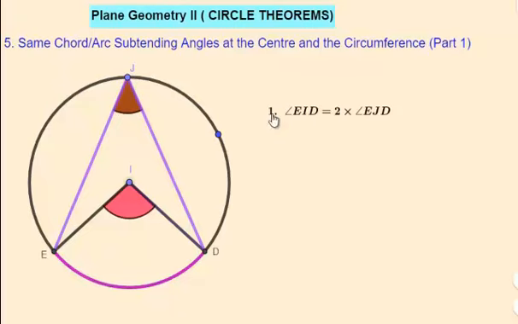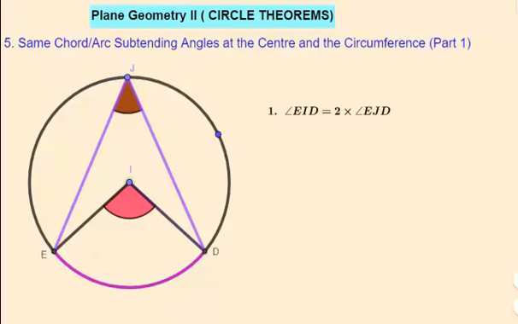One of them is that we can say angle EID, the angle at the center of the circle, is 2 times angle EJD, the angle at the circumference.